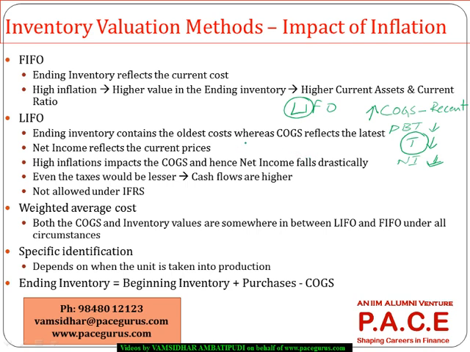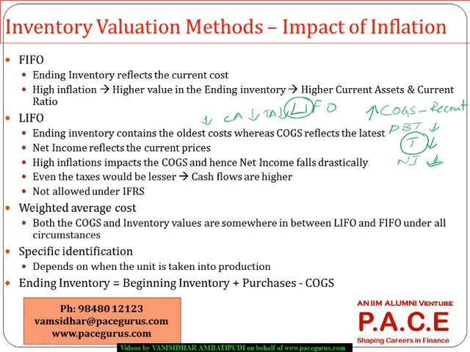So we can say that the ending inventory, which consists of older purchased items, will be of lesser value, so the current assets will be lesser and total assets will be lesser in case of the LIFO based reporting method, whereas the cost of goods sold will be higher, which in turn means the profit before taxes will be lesser, and thus the taxes also will be lesser.